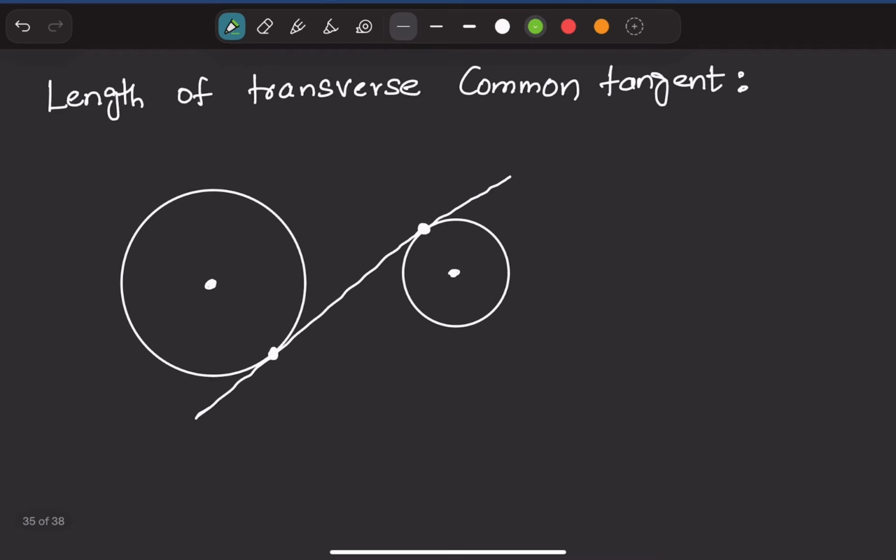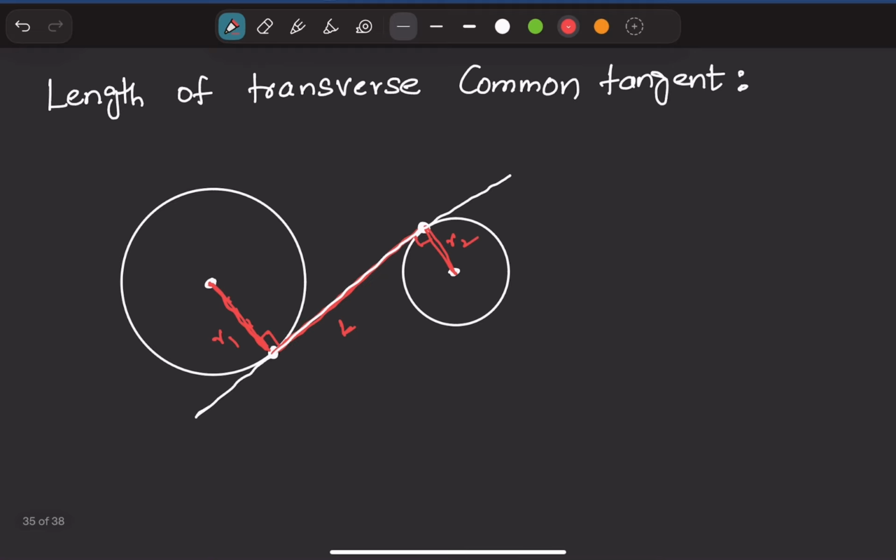Alright. Now similarly, let us proceed. Let's say now you have two circles and you have to find out the length of the transverse common tangent. So this length, you have to find out this length. So let us say this length is L. Alright. Now let's say this radius is R1 and this angle is 90 degrees. And let's say this radius is R2 and this angle is 90 degrees.